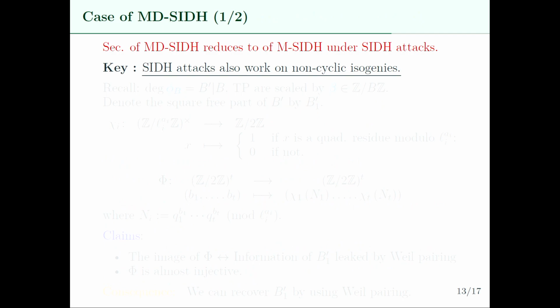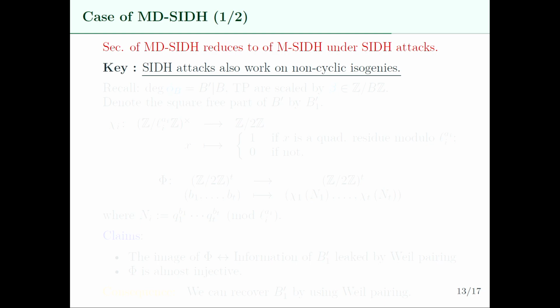And next, I explain the security analysis of MDSIDH. You may think MDSIDH is more secure than MSIDH because it hides the information of the degree. But from our result, the security of MDSIDH can be reduced to that of MSIDH and the SIDH attacks. Then I explain the reason.